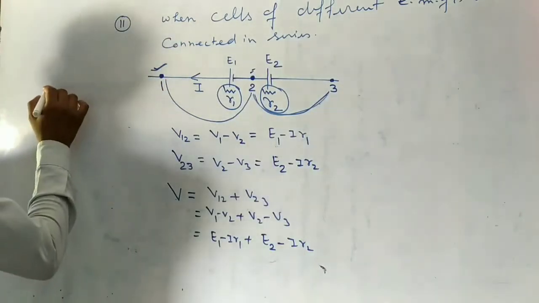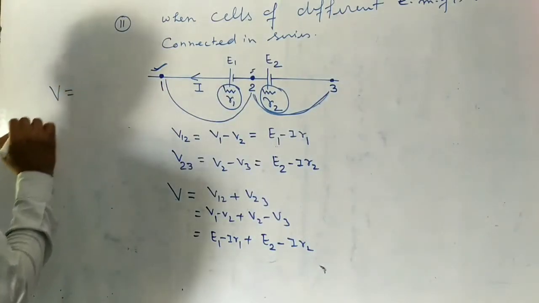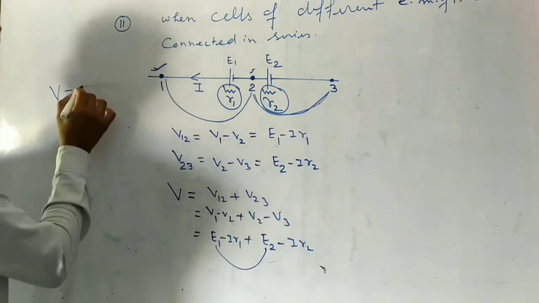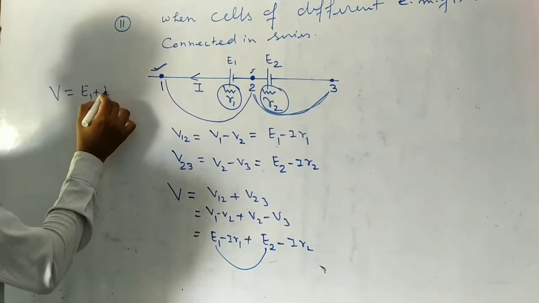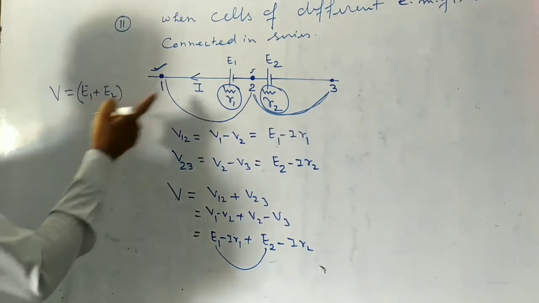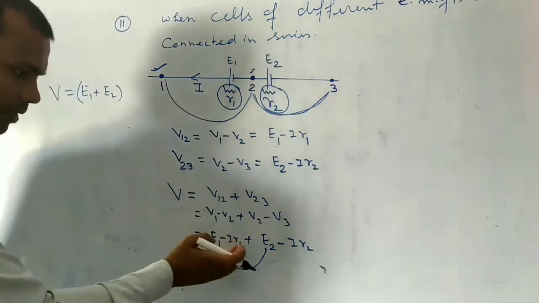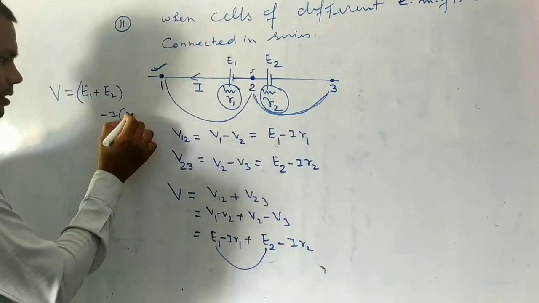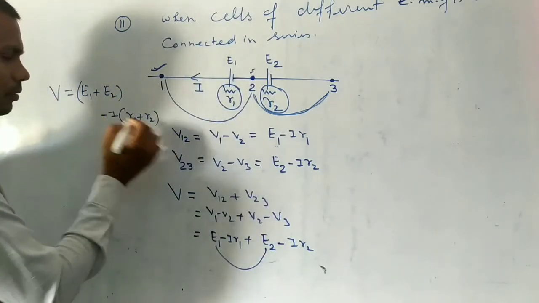Or we can write V, this is equal to, E1 plus E2, this is the net EMF of both the cells, and then from this and this you have to take out the I common, minus I, then this is the R1 plus R2, right?